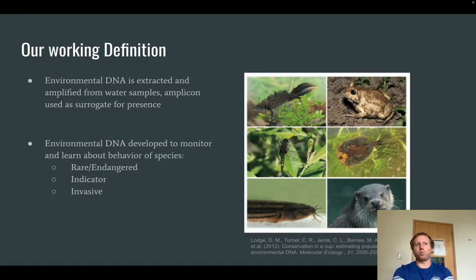You would still have to tweak the individual methods for whatever project you're working on, and I'm going to talk about that in just a second. But at least at that point, we had an idea of how you could collect something from one of these matrices and use the amplicon from the extracted DNA as a surrogate of presence in some unified form.